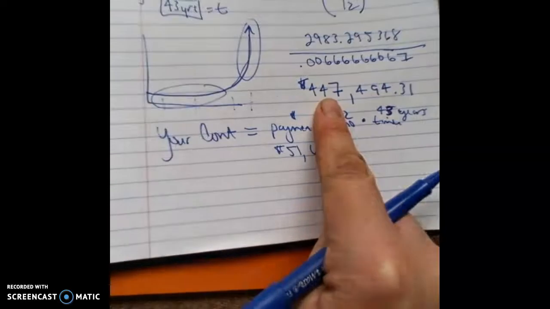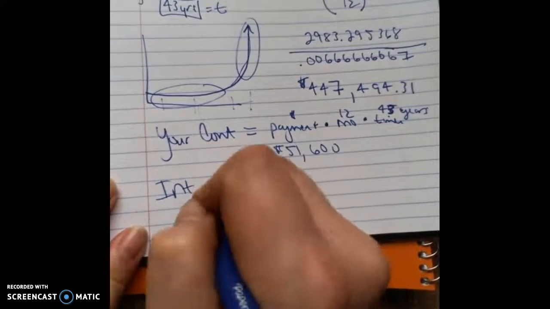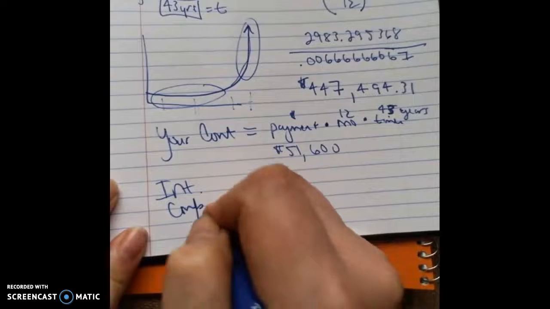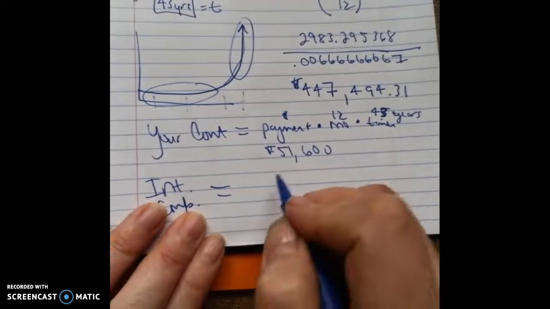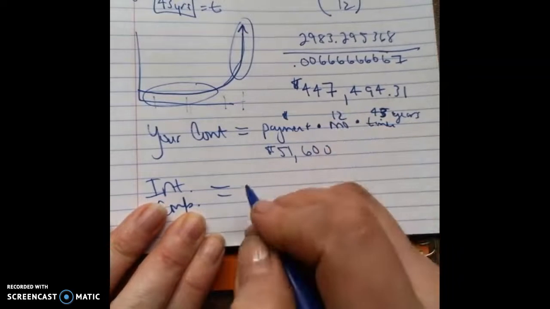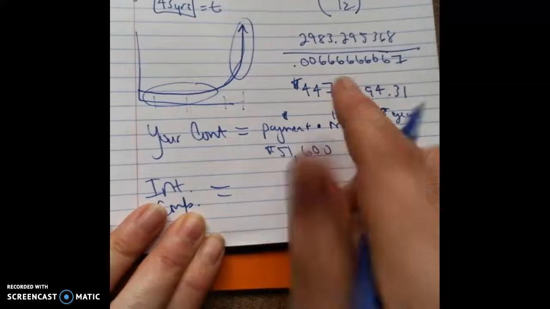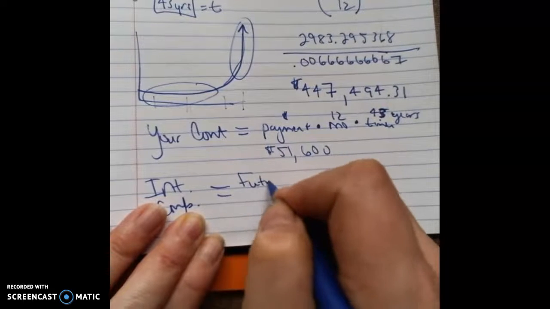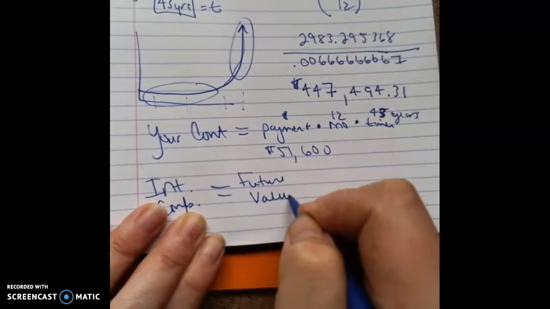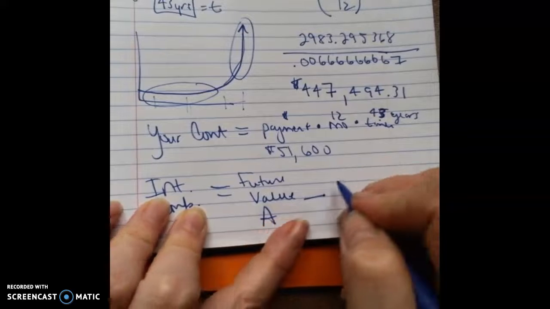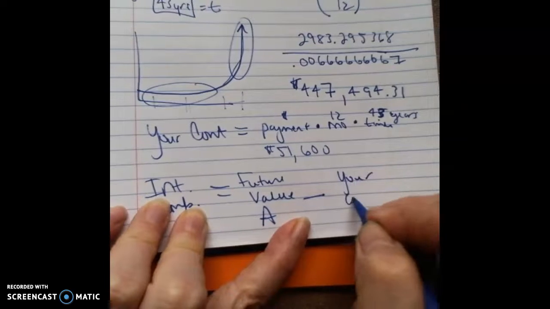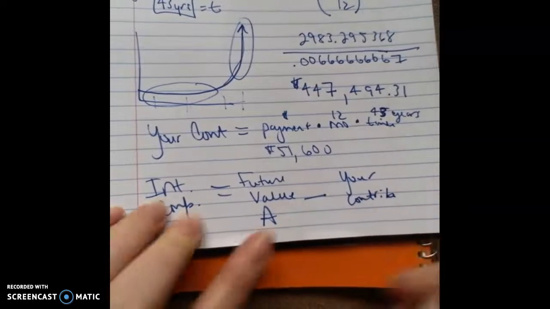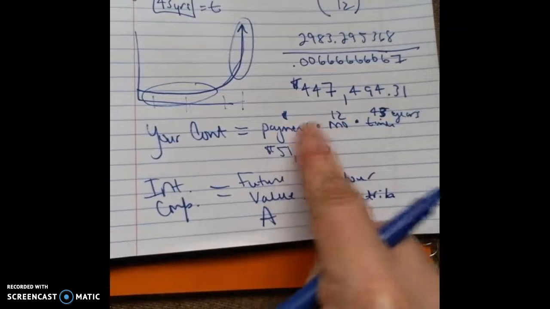Everything else is interest. To get your interest on compound interest, there's no formula. You take the money with interest, the future value, which again is A, minus your contributions, what you paid. And again, you paid with payments. That's why we had to figure it out.